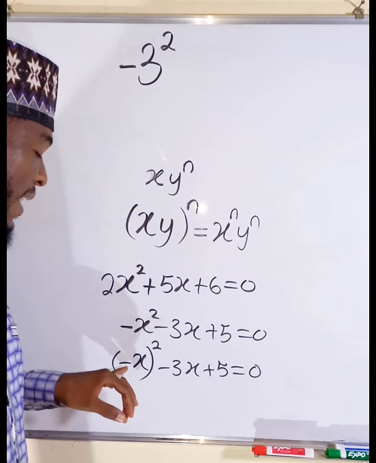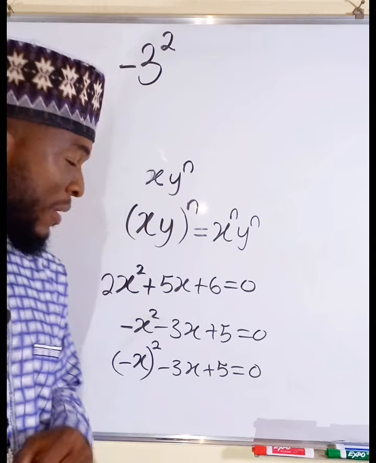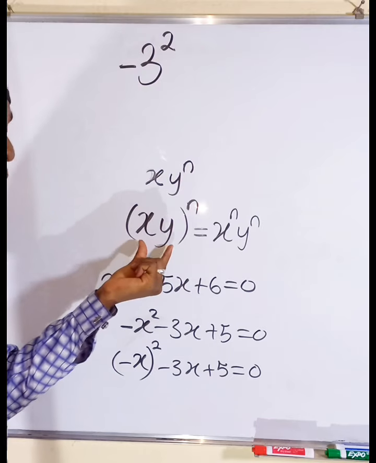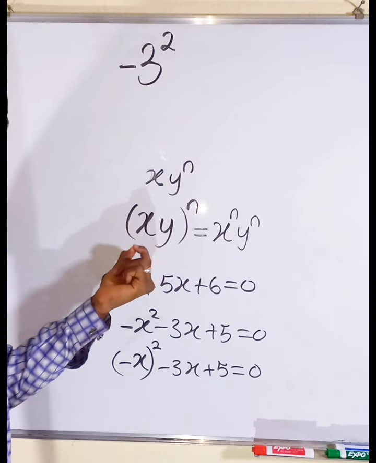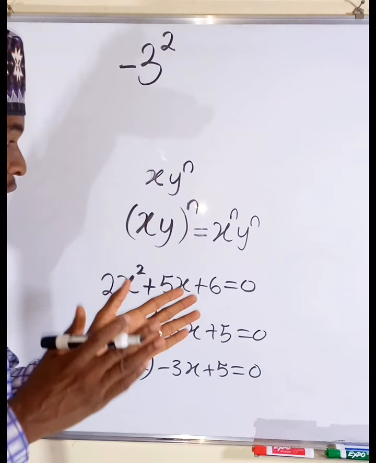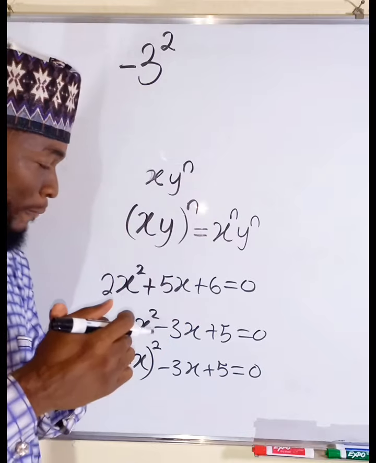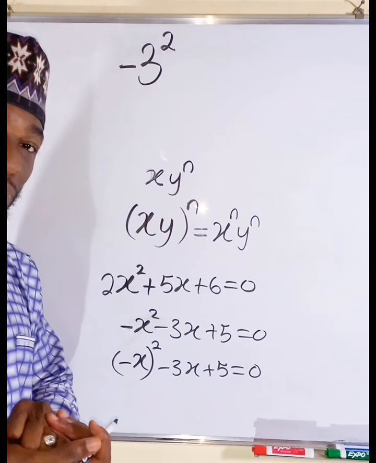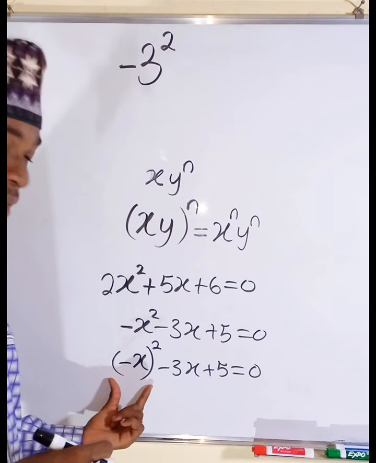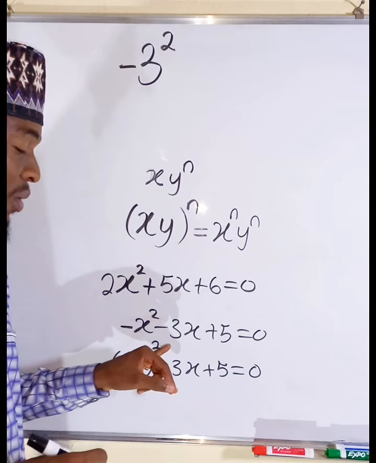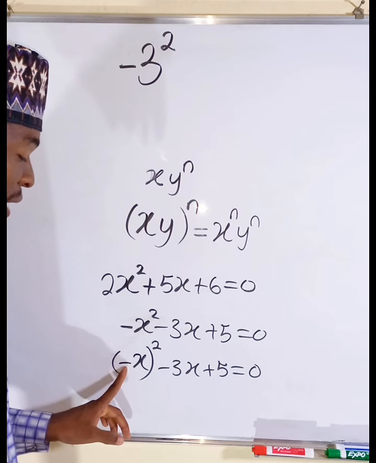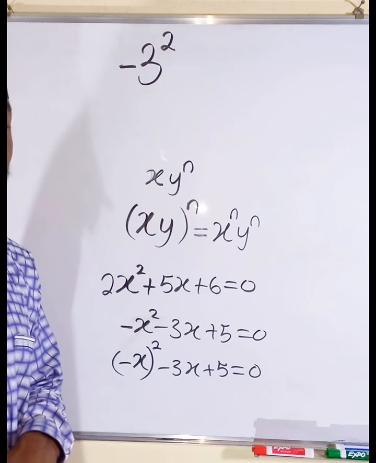This time around, both the negative and x are going to be affected by the power of 2 according to this law of indices. Because if you have multiple variables multiplying one another raised to the power of a certain exponent, that exponent must be distributed upon all the variables under that parenthesis. So we have a parenthesis here, which is negative x, but raised to the power of 2. This implies that this power of 2 must be applied to the negative and x at the same time.